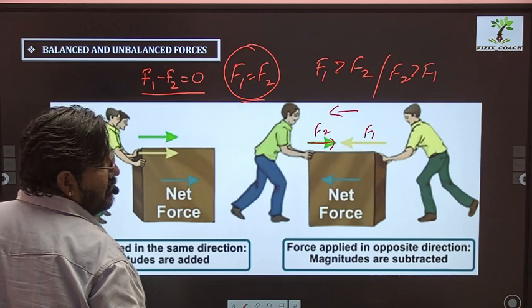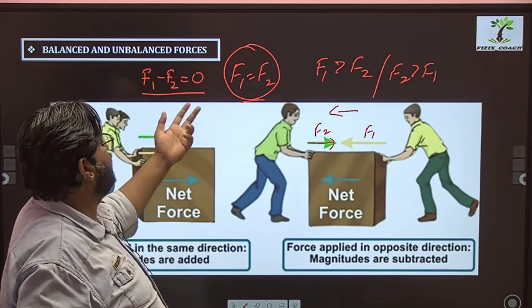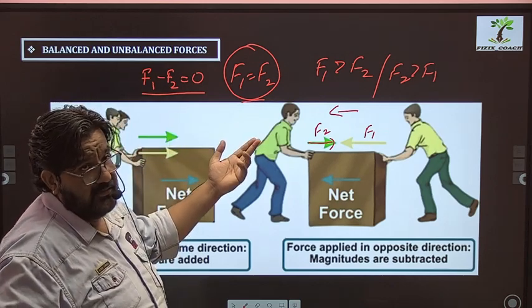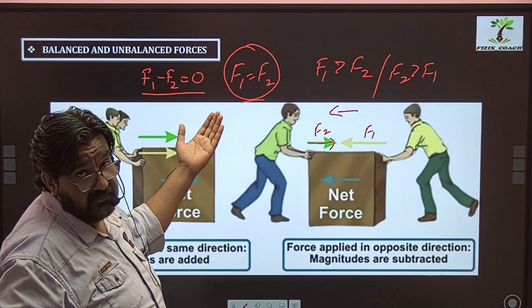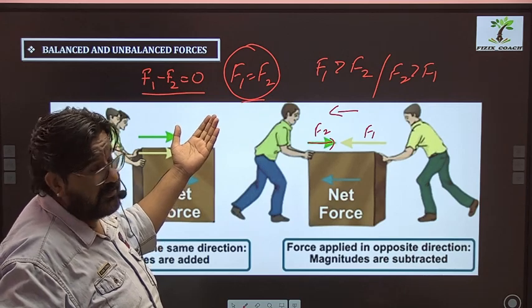F1 and F2 are equal, so the net force becomes 0.